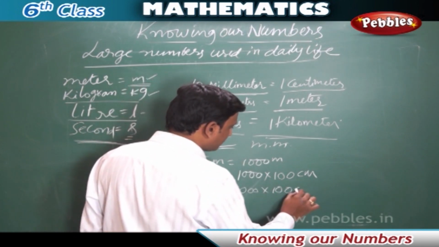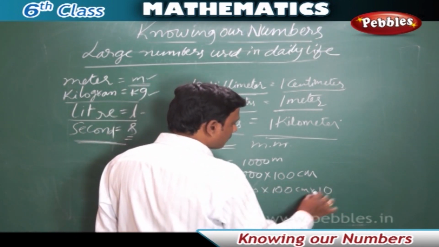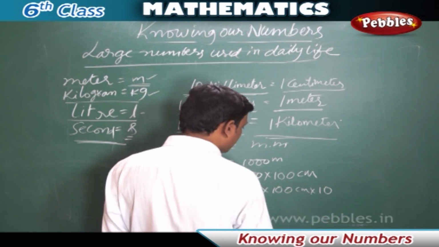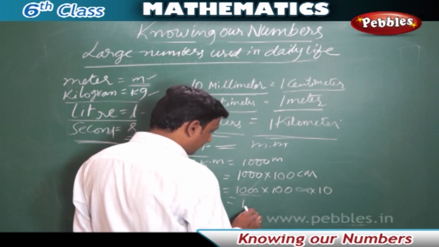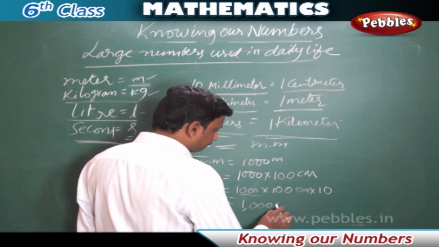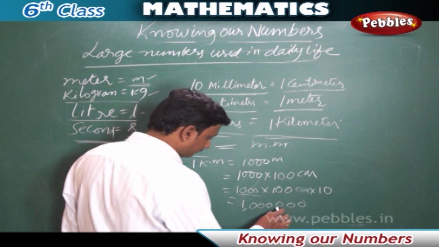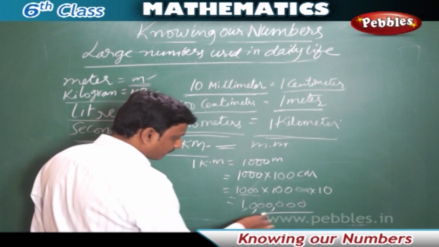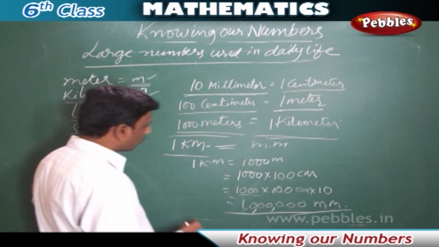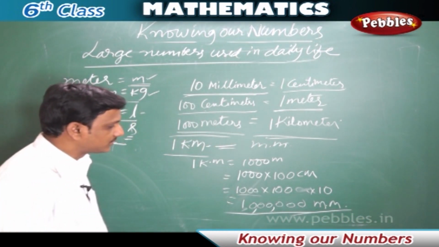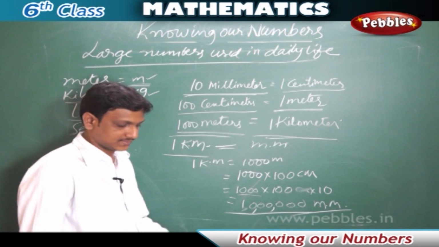This 100 centimeters into 10, because 10 millimeters. So now this 1000, 100, 10. Now let us see. So 1 kilometer is equal to 10 lakh millimeters.